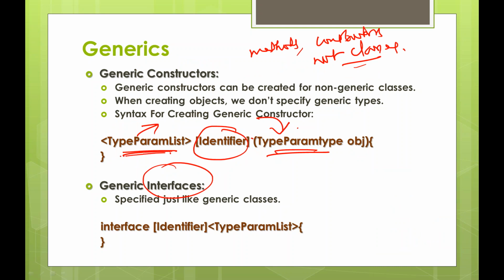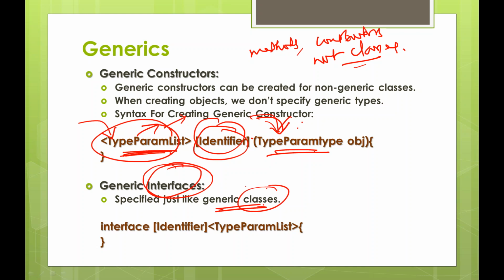This we should remember. For methods and constructors, we have to specify the type parameter before you name them and use them inside your constructor as arguments or methods. So we can have generic interfaces as well.